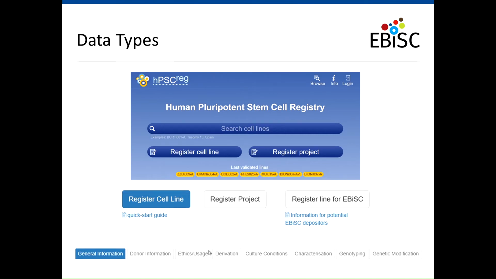We have on the bottom here the types of data, which are kind of structured: general information, so who deposits the data, which institution do the data come from, the donor information, the ethics data available for that line, derivation data, culture conditions, characterization, meaning is the line pluripotent, what kind of markers are expressed, are they contaminated with microorganisms, is there genotyping information available, and was a genetic modification done with this line?